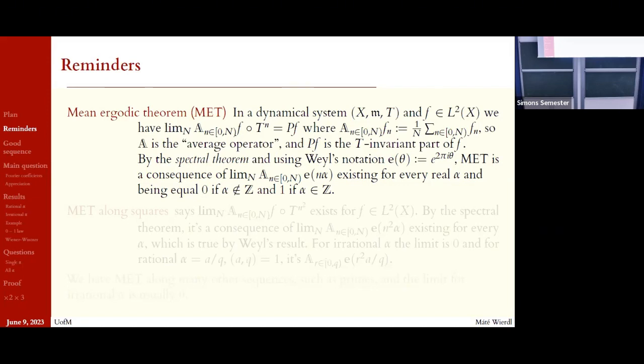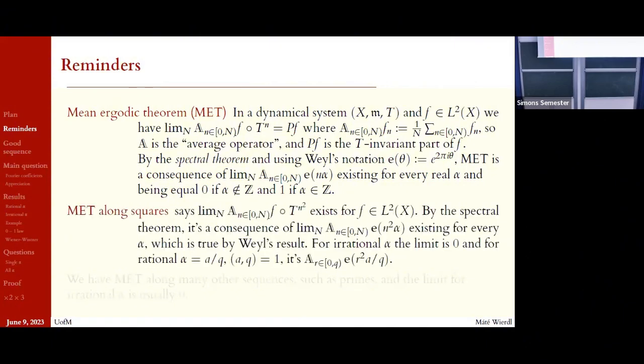Now, we also talk about the mean ergodic theorem along other sequences, for example the squares, which I single out here. It means that we look at the ergodic averages along the squares, and this is supposed to exist for every f in L2. By the spectral theorem, it is a consequence of similar averages of e(n²α) for every α.